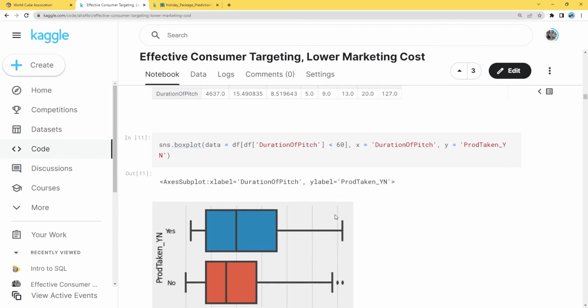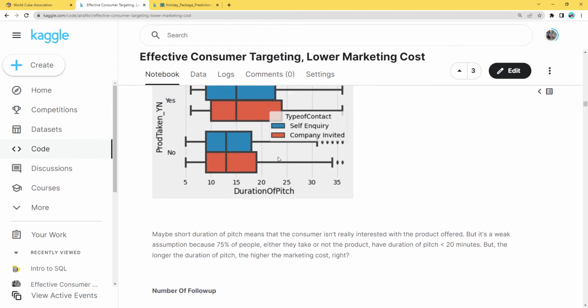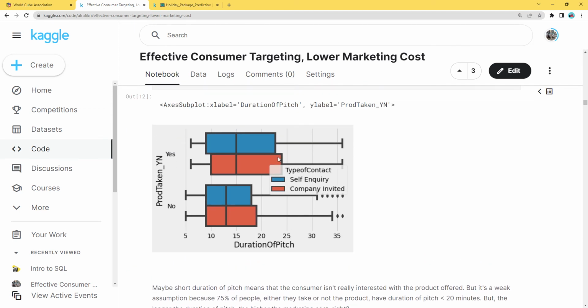For duration of pitch, 75% of the people have a pitch duration of less than 25 minutes, whether they take the product or not, self-inquiry or company invited.